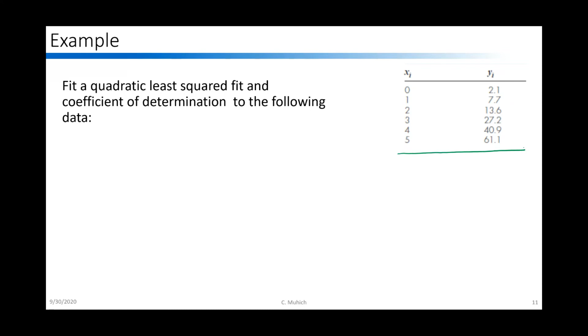So let's first write out the equation that we're trying to solve. So we have y equals a0 plus a1x plus a2x squared.